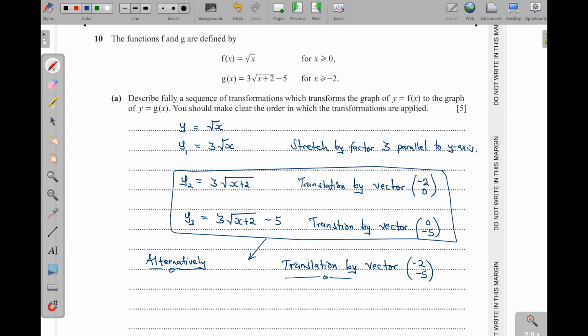So you can write this one here in the place of these two. So you have this as the first one, then this as the second one. You get it? So that is that. It was very simple.